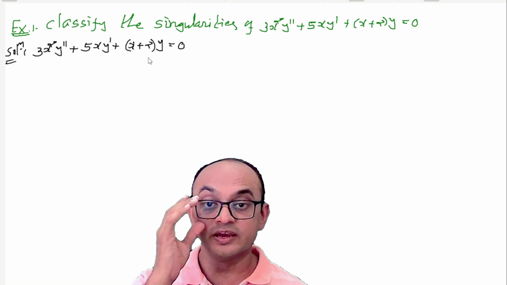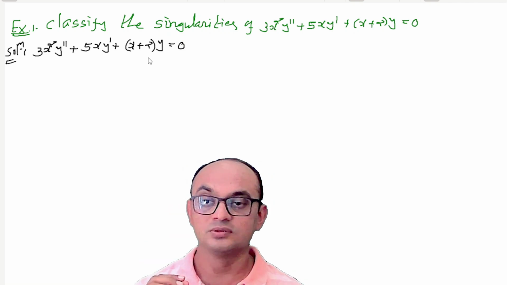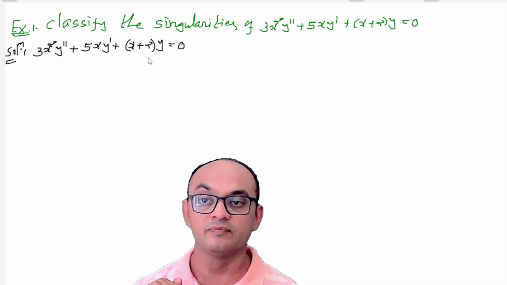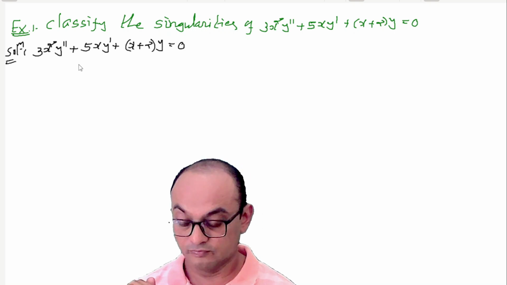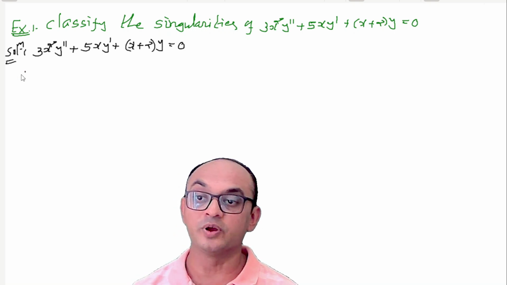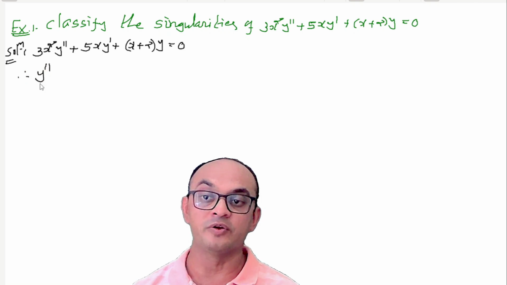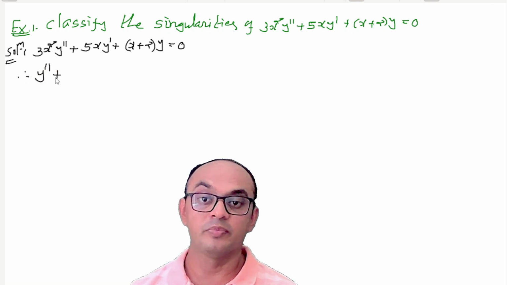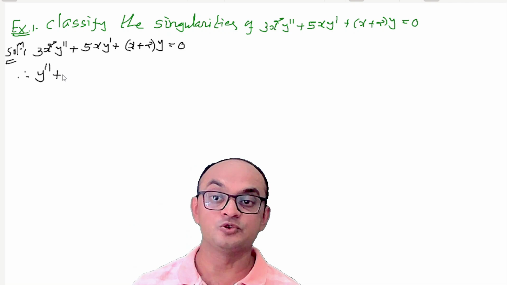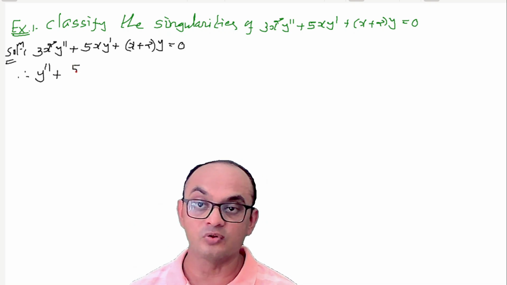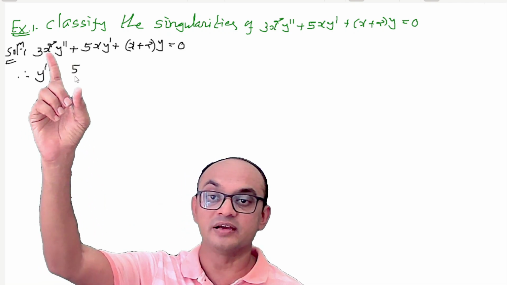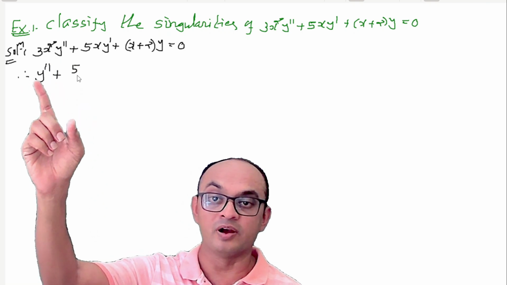To find the singularities x0, we use a trick here. First, we convert the differential equation into the format which we have given, y double dash plus p(x) into y dash. So I have to divide both sides by this 3x square, then only I will get y double dash. Right.